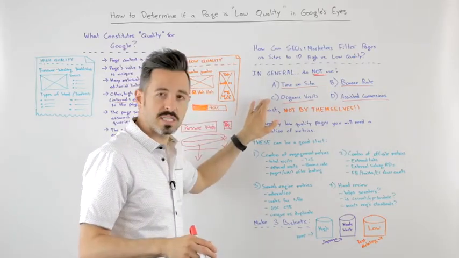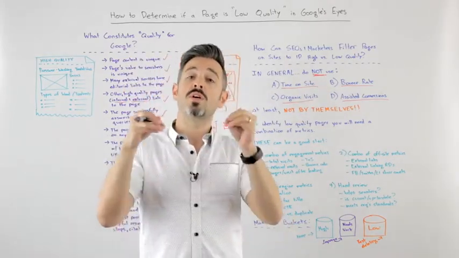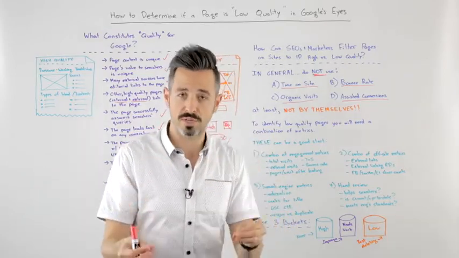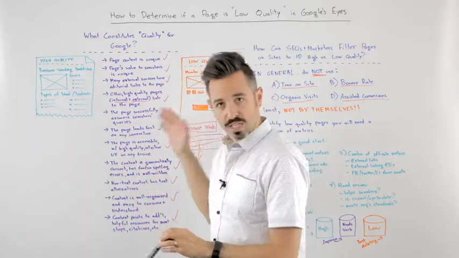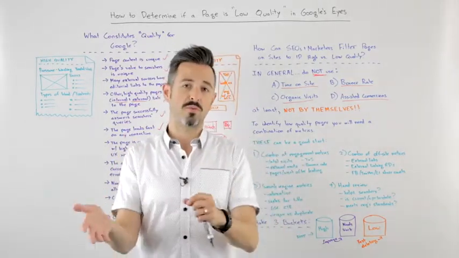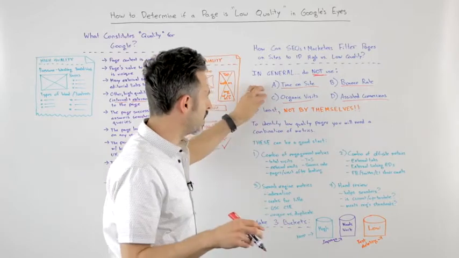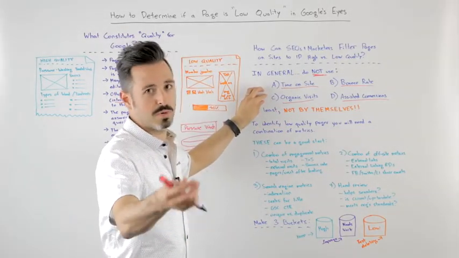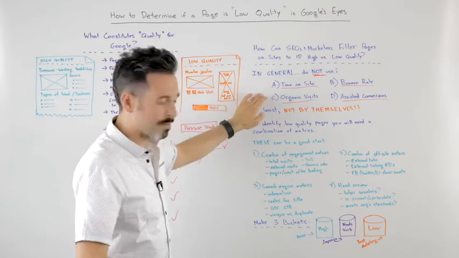Same with organic visits. You could have a page that is relatively low quality that receives a good amount of organic traffic for one reason or another. And that could be because it's still ranking for something or because it ranks for a bunch of long tail stuff, but it is disappointing searchers. This one's a little bit better in the longer term. If you look at this over the course of weeks or months as opposed to just days, you can generally get a better sense.